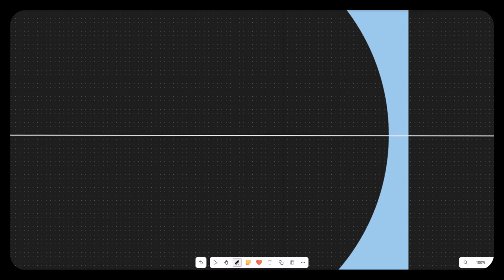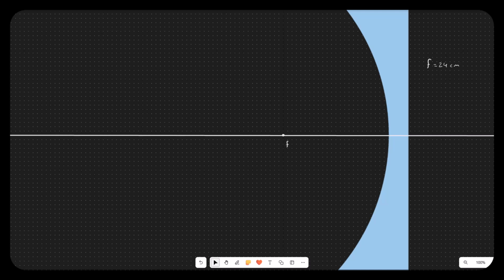Okay, I have a big spherical mirror, and I'm going to draw my axis here. This location is my focal point, and I'm going to have a focal length of 24 centimeters.